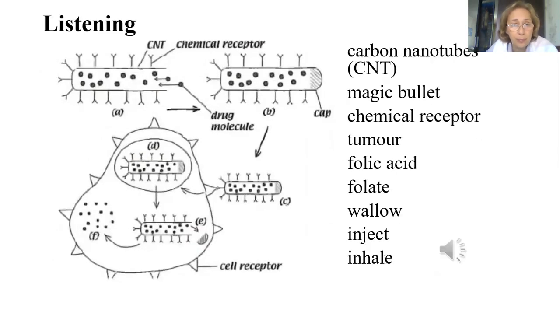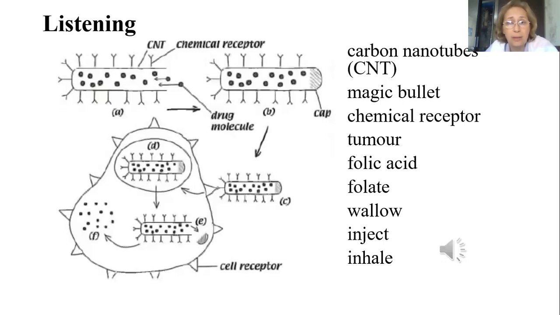And so we are going to listen to the story connected with this picture. As Kimiko describes this process, you can see here some words which are essential to understanding this process. The words are given to the right.